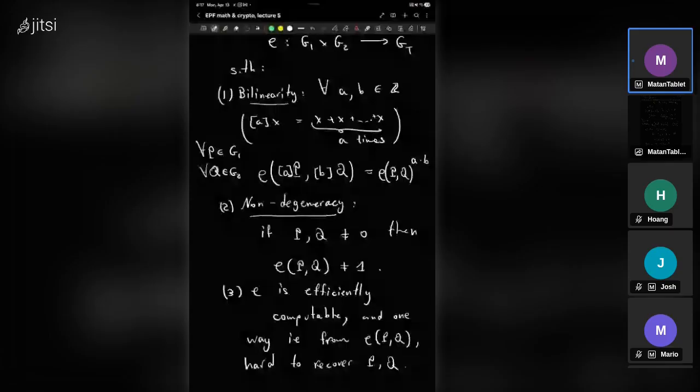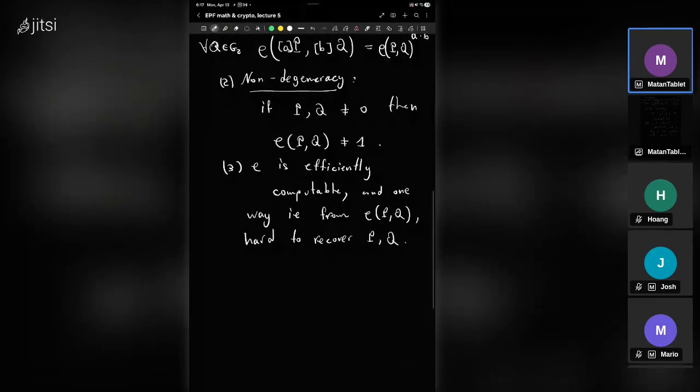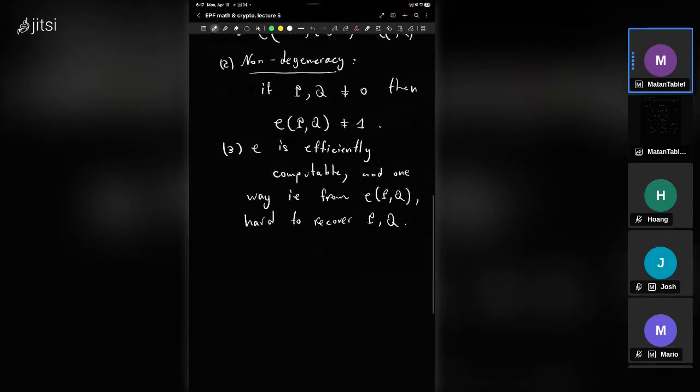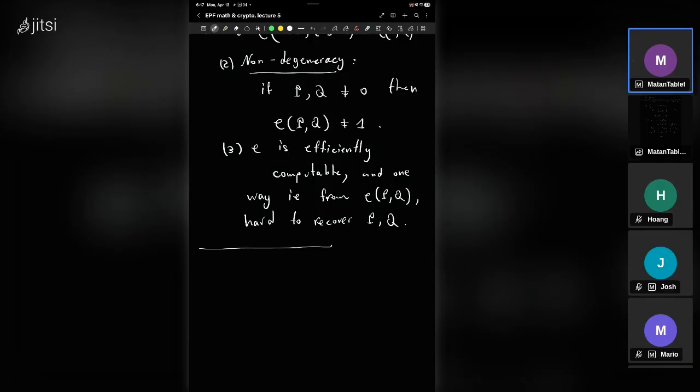Yeah, so these are the assumptions, okay? And now we construct the scheme. So fix a hash function h from {0,1}* into G1.